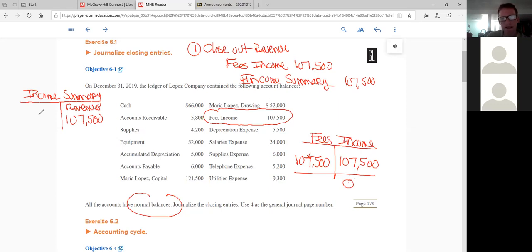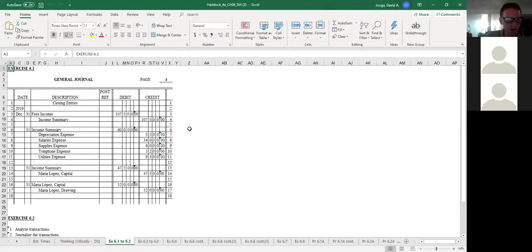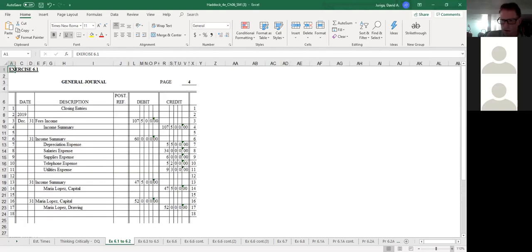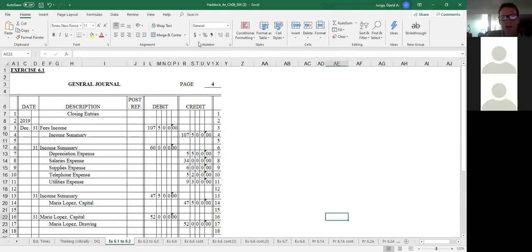So having said that, let me just go back. I'm just pulling this right from your solutions. If you go into Blackboard, you guys actually have this. I just want you to take a look at the first entry here.